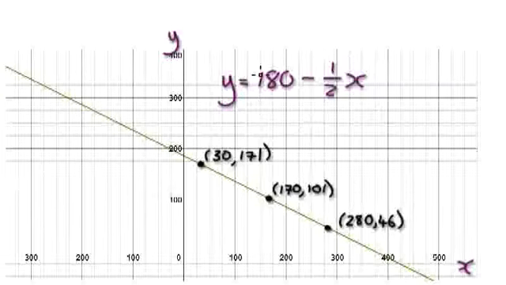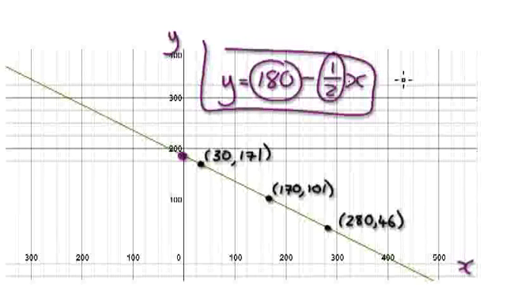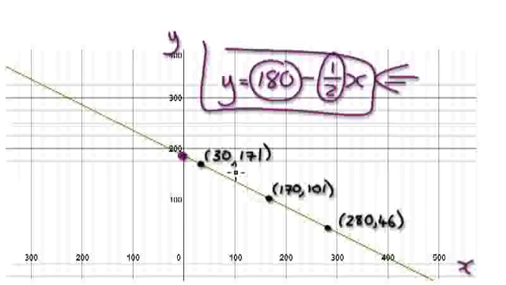Now if you look at this, it has an intercept of 180 and a gradient of negative a half. This equation is represented by the green line here.